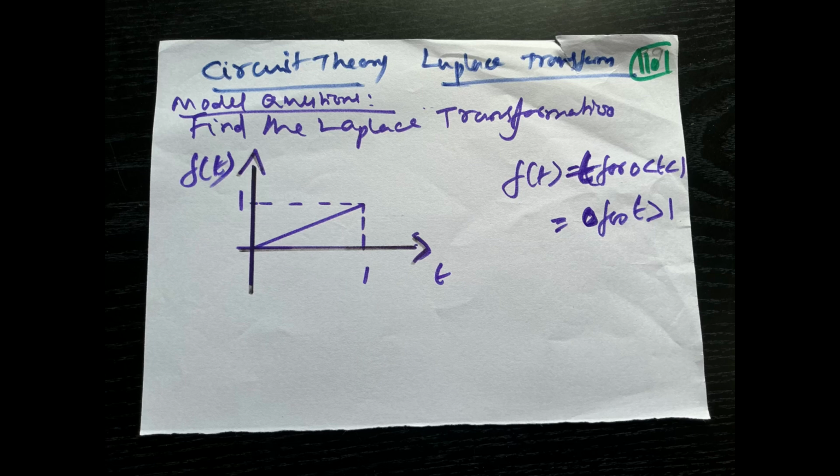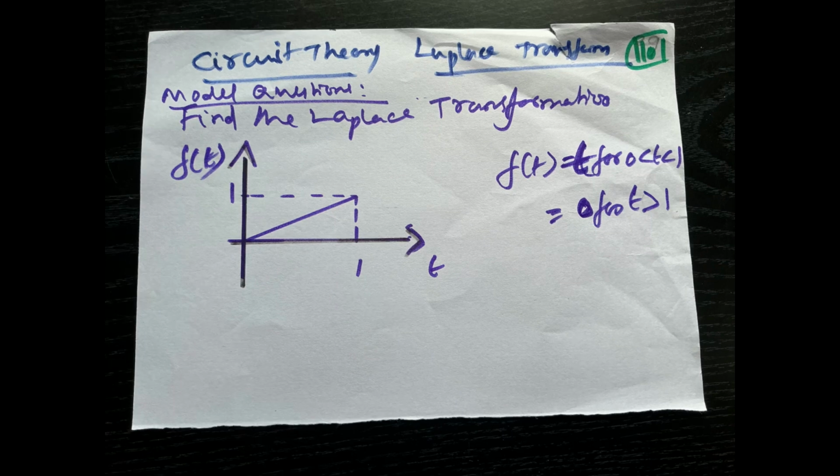Put t only in the function. L of f of t is equal to the integral from 0 to 1, putting f of t, so t e power minus st dt. That is the formula.